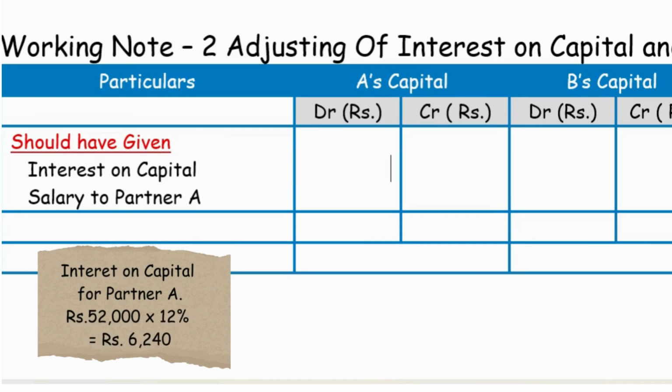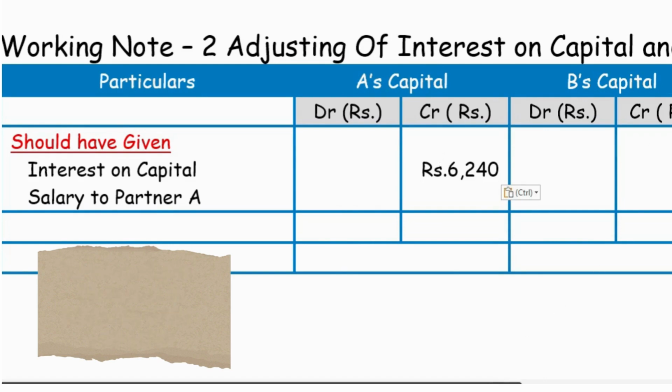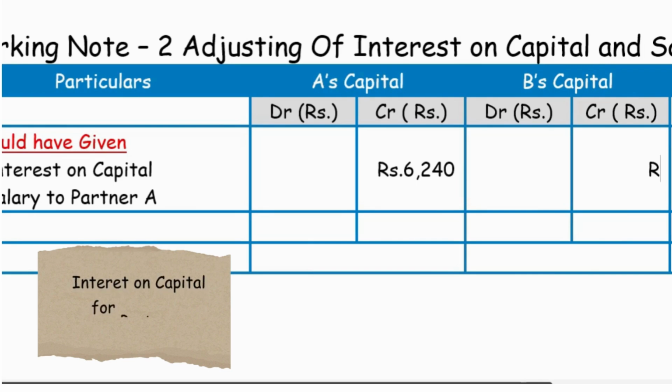The opening capital of A is 52,000, and if you calculate it, it is 6,240, and in this case it is 3,360 for B. It is to be credited to the partner. That is, it should have been given, so it is to be credited to partner A, and here it should be credited to partner B. The interest on capital they should have given.